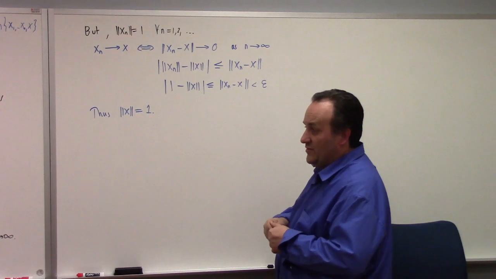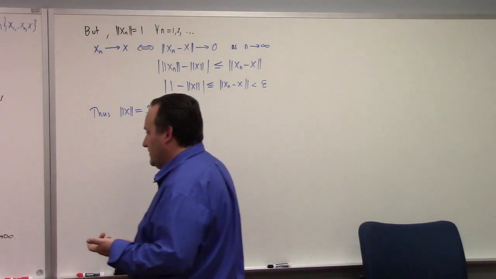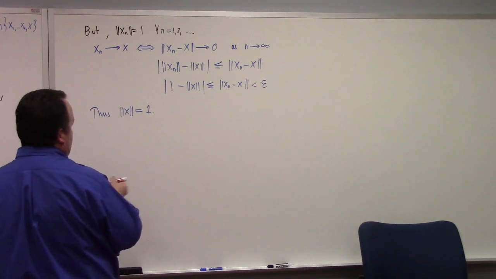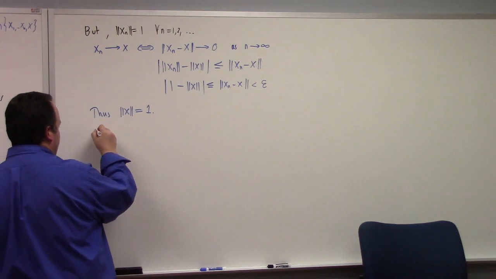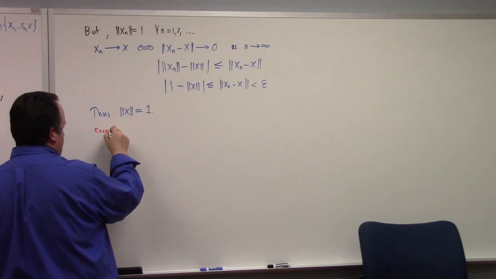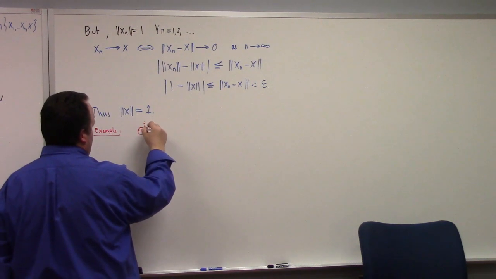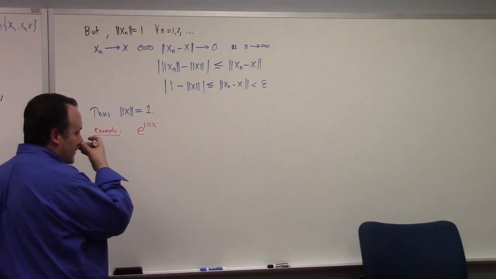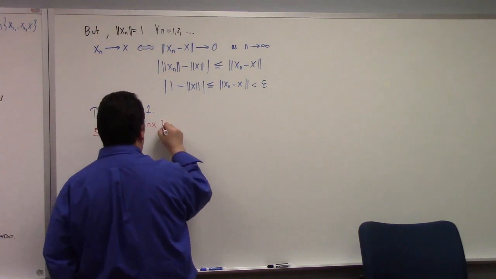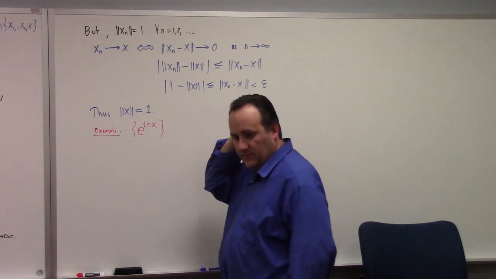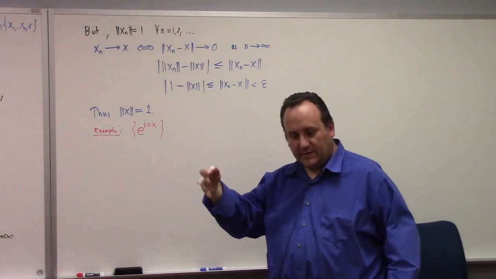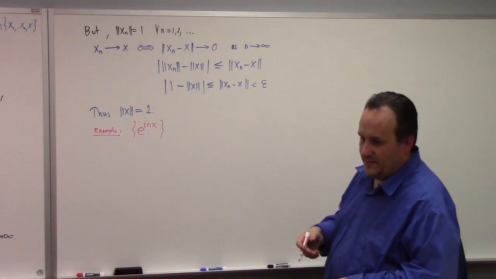Now, let me look at an example for just a second. An example of an orthonormal system that we saw last time would be, how about this, e to the inx. That's orthonormal with respect to, if you integrate from minus pi to pi, right?